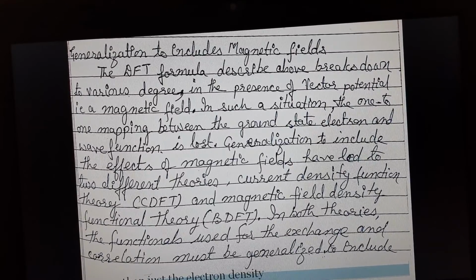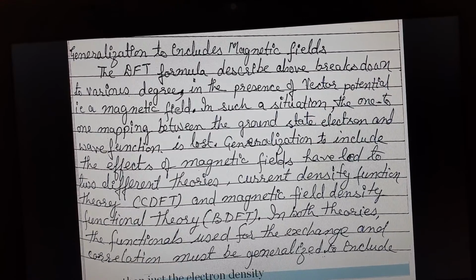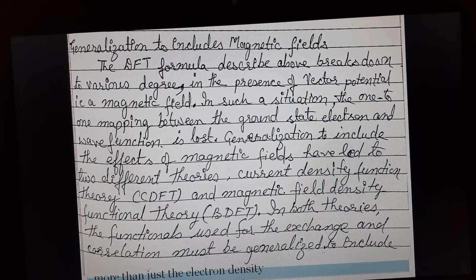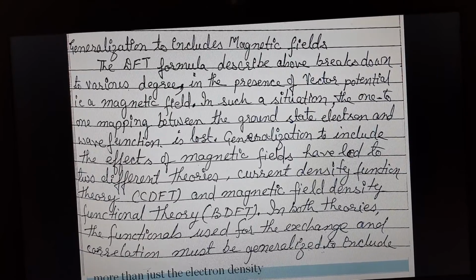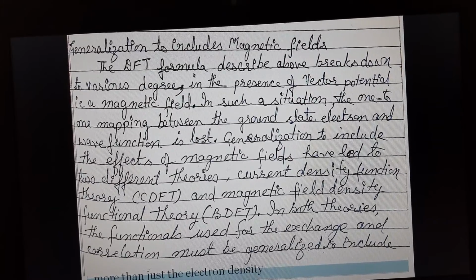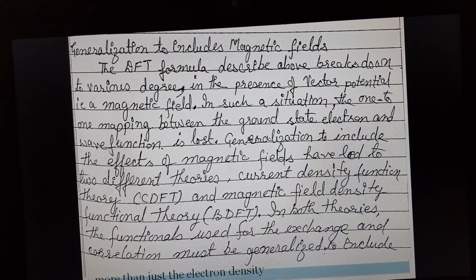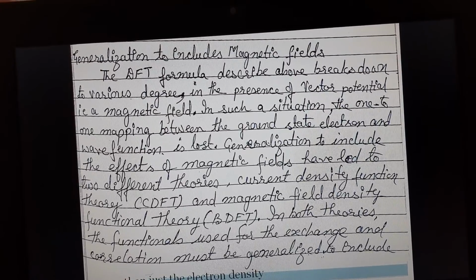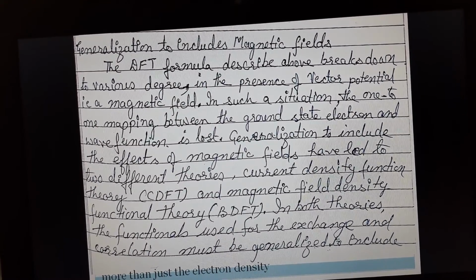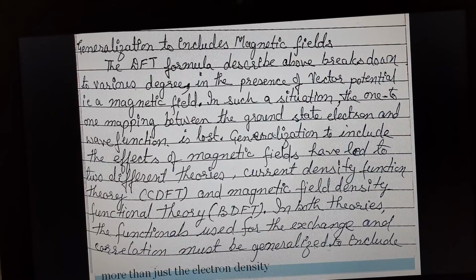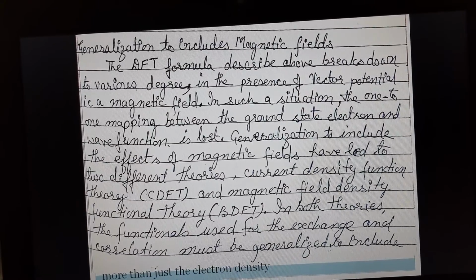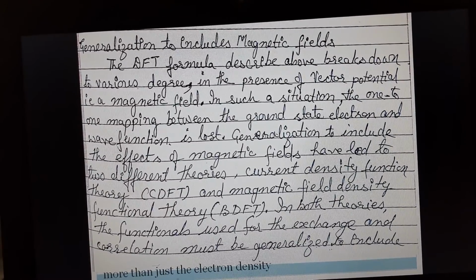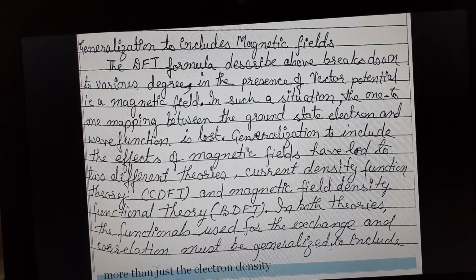Generalizations to include the effects of magnetic field have led to two different theories: current density functional theory, CDFT, and magnetic field density functional theory, BDFT. In both theories, the functionals used for the exchange and correlation must be generalized to include more than just the electron density.